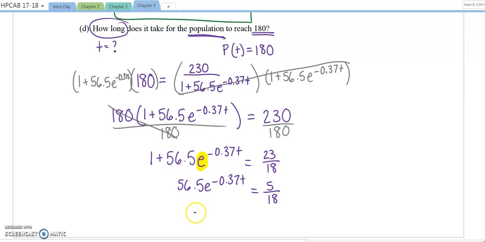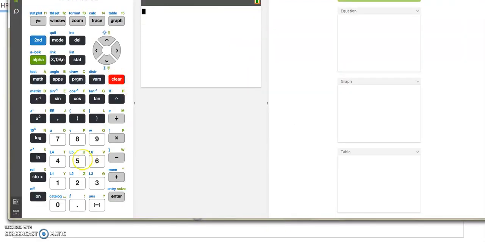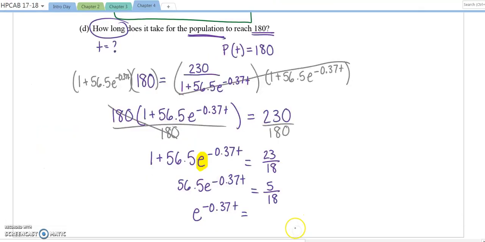And then I'll divide by 56.5. Now I'm going to start using decimals because it's going to get a little messier. So 5/18 divided by 56.5 is 0.00492, but I'm still going to use the full value when it comes to actually calculating it.